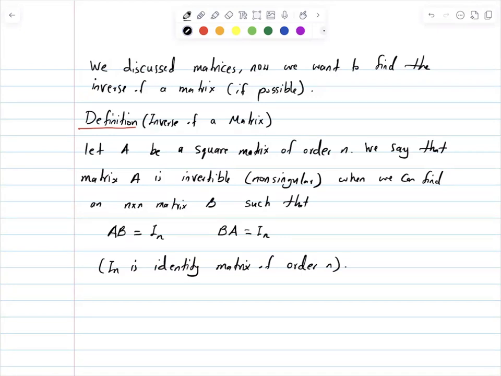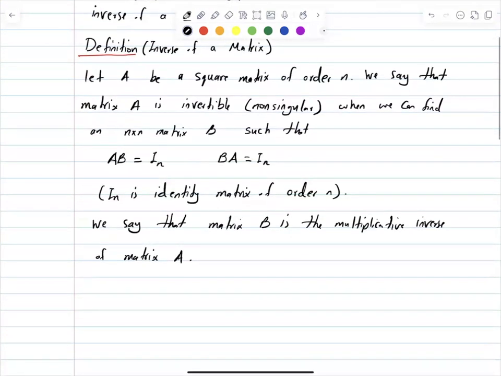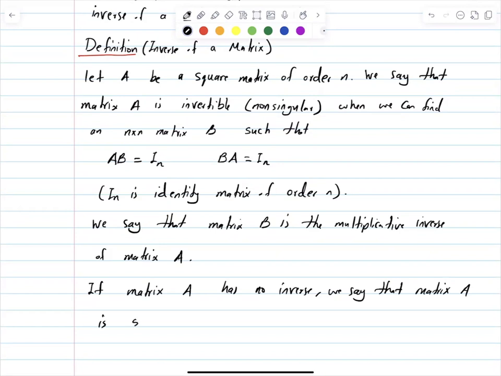In this case, the matrix B is the multiplicative inverse of matrix A. We say that matrix B is the multiplicative inverse of matrix A. If matrix A doesn't have an inverse, we say that it is singular or non-invertible.